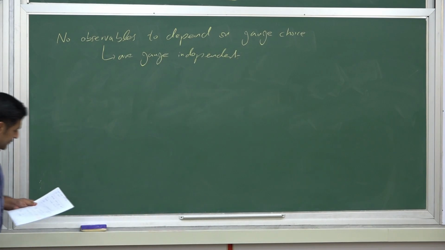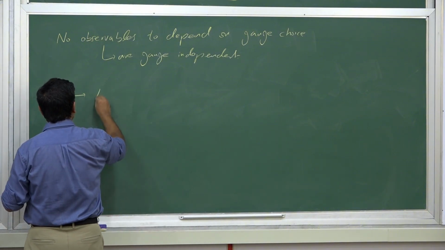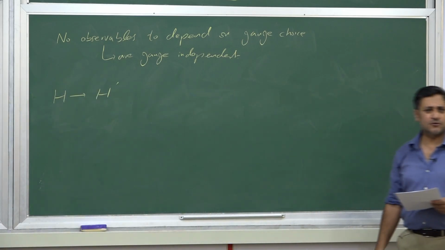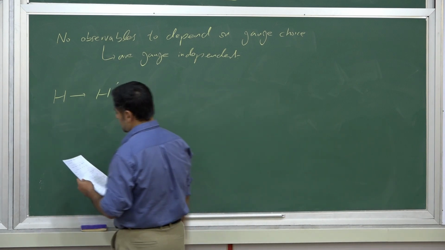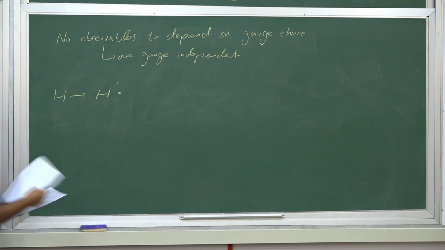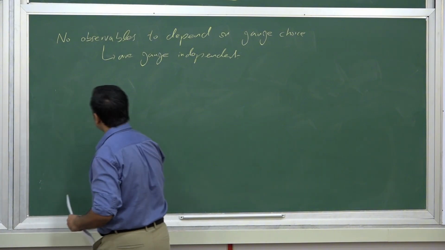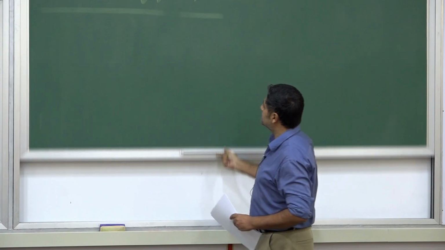So we should at least first check what happens if I gauge transform my Hamiltonian. Well, before I gauge transform, I should write it this way. So let's look at the Hamiltonian here.